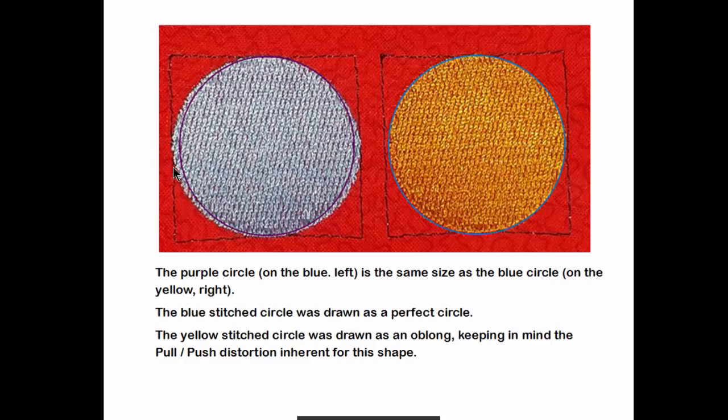Actually, it's a push. It's expanding outside of the circle. If we were to look at just the blue and the yellow, even though we wanted these to be circles, the blue one really is not a perfect circle. Our first instinct might be to fix the outline or the run stitch, but there is no distortion happening to that. The distortion lies within the filled areas.